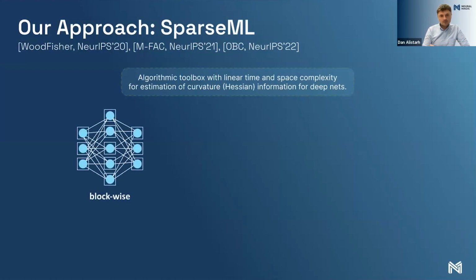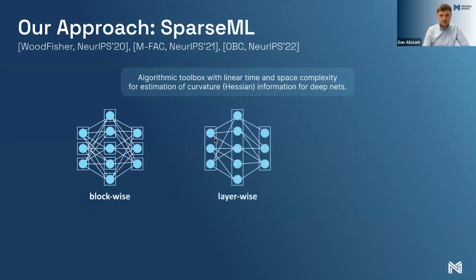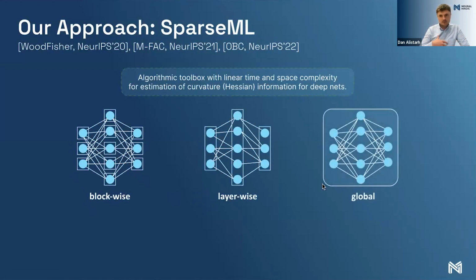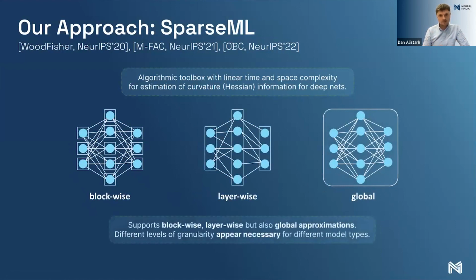And with algorithms implemented in SparseML, we're able to do this with respect to blockwise approximations of the Hessian, layer-wise approximations of the Hessian, or actually global approximations of the Hessian in reasonable linear time in the number of parameters.